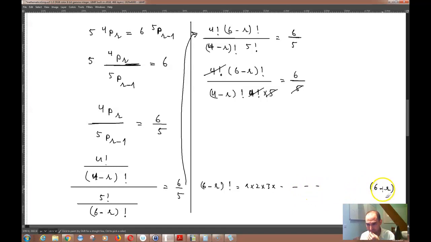And of course the term that comes before this, you have to subtract 1 from this number, which would be 6 minus r minus 1, which is 6 minus 1 is equal to 5, right? 6 minus 1 is equal to 5 minus r factorial. I'm sorry, 5 minus r and 4 minus r here.